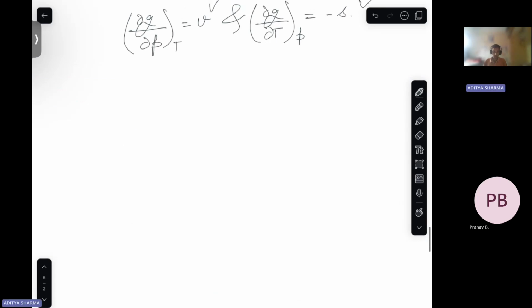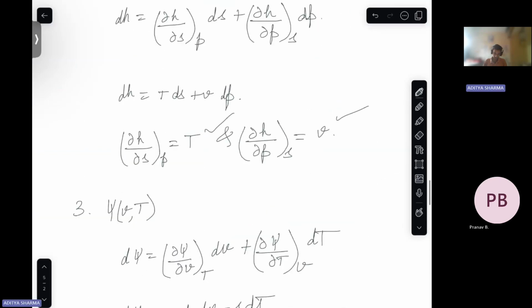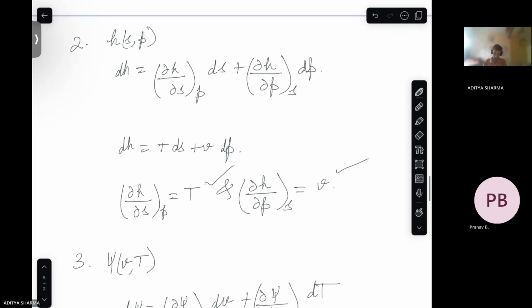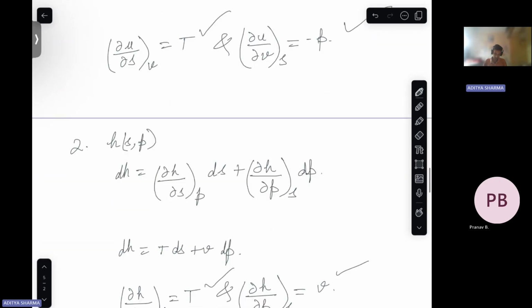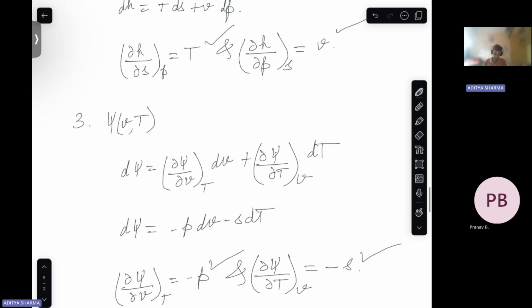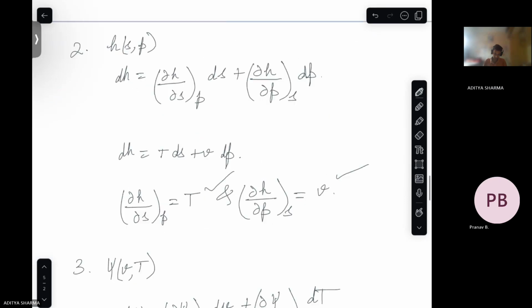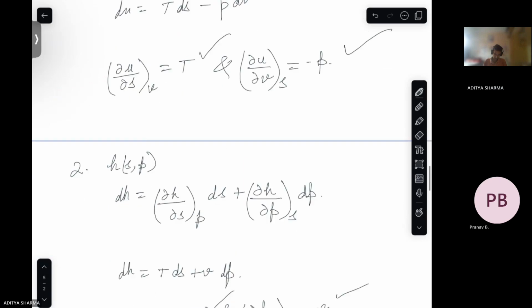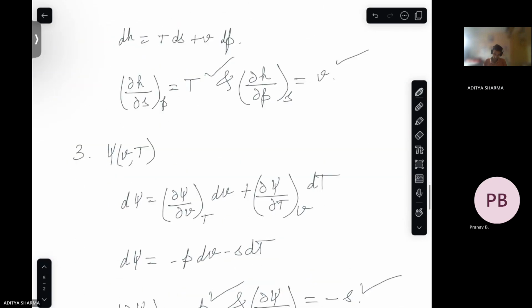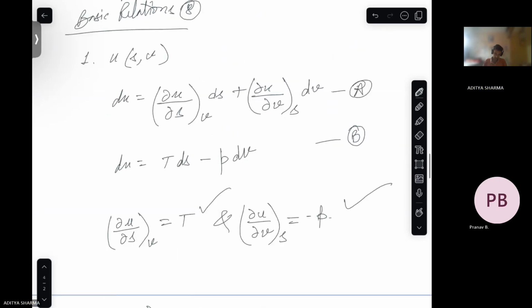Then the same way, what we can do, we can compare these, right? So, for example, we can compare T from first and second, right? Then we can compare P from first and third.